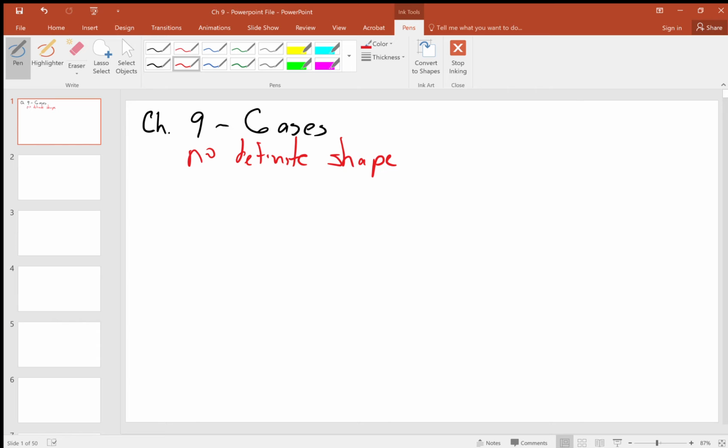Whatever container they're in, or whatever room, whatever space they're in, a gas will adopt its shape to that area. But in addition to no definite shape, they have no definite volume as well. And that really makes them different from solids and liquids. Solids and liquids, for the most part, have a definite shape for solids, and in both cases have a fairly definite volume. Those aren't really things that change. But for gases, they change very, very easily.